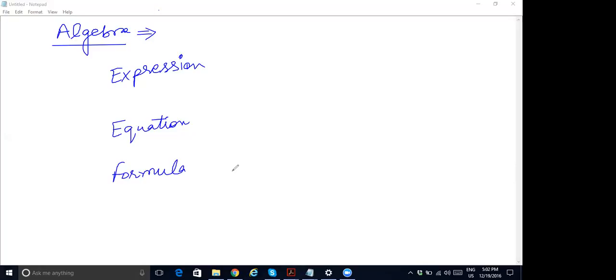Okay, so an expression is something which is a standalone value, which you don't equate to anything. For example, a quadratic expression can be ax square plus bx plus c. Now we can put any value of x in this, and we will get a corresponding value for the expression.